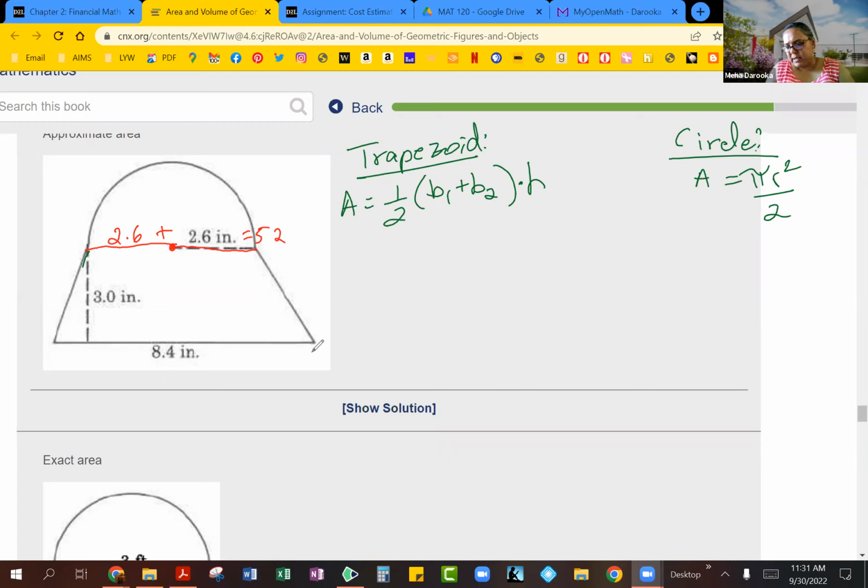And I will go back and check my math because yeah, it should be larger, slightly larger than the number you have. Oh, still larger than that.